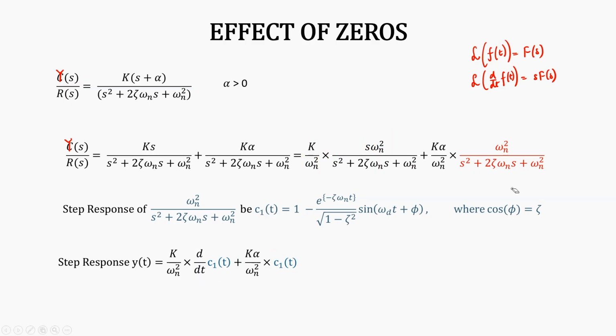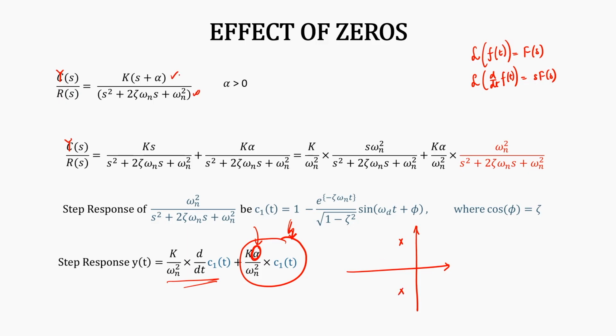Now again look at this expression and you can make out when the second order response will dominate. For the second order response to dominate, this term should be very prominent and this term should not be prominent, and this term can be made prominent if the value of alpha is very high. What does a high value of alpha mean? You see, this is a system of this form, there are two poles in the system and there is a zero.